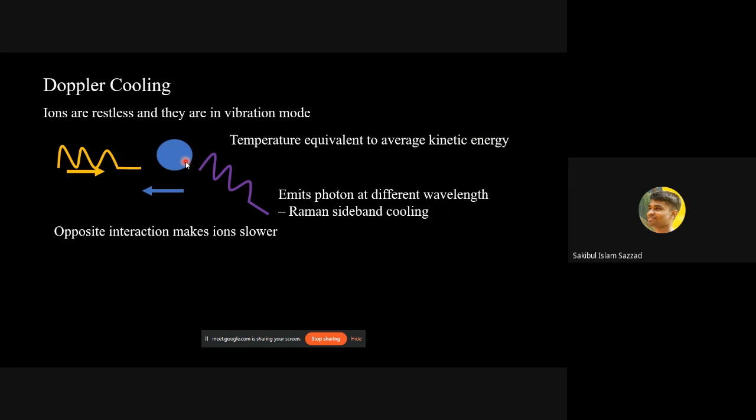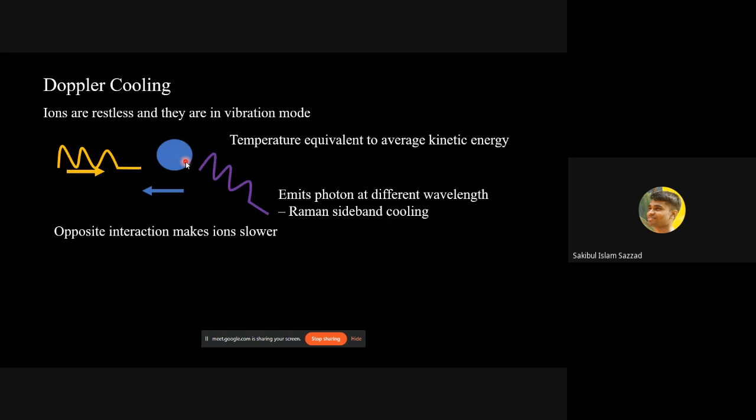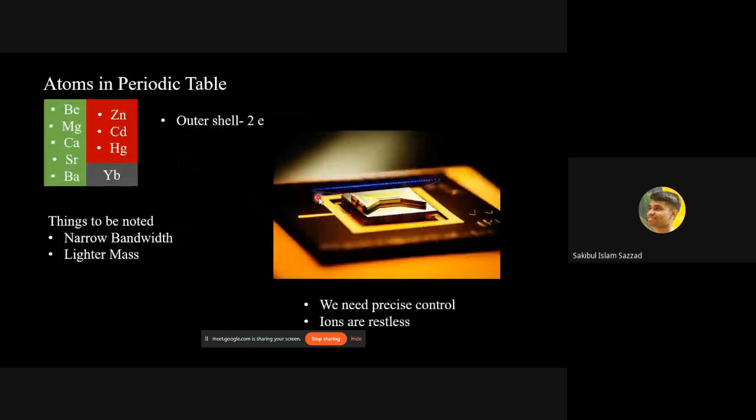Okay, I'm moving forward. So now we have everything. Now we have been able to control the ions. We have been able to make them rest, we have been able to trap them, and now we have to do some computation. One of the very challenging things about ions is that here are 32 ions, and they are all positively charged.